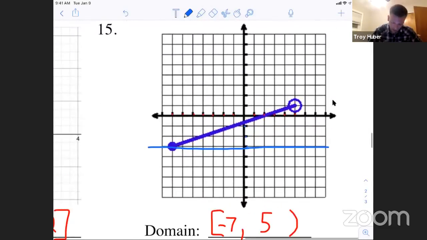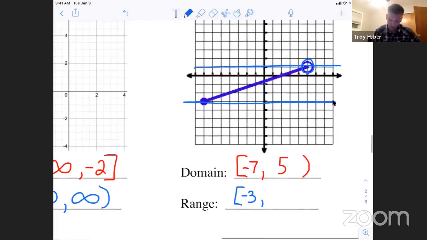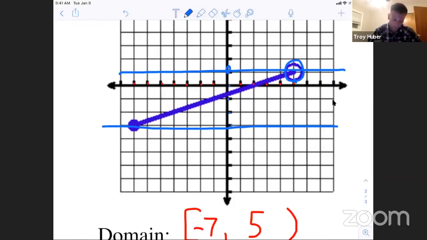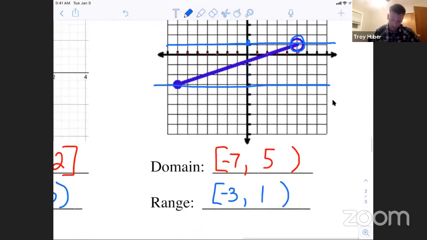And then it goes up to this point here, which is open, so it's not included. So again, I'm going to use that parenthesis then. And that would be at y is equal to 1. So I'm just going to put 1. So they're all between -3 and 1, which makes sense because -3 and 1 gives you 1, 2, 3, 4 units. So they're all right in here.